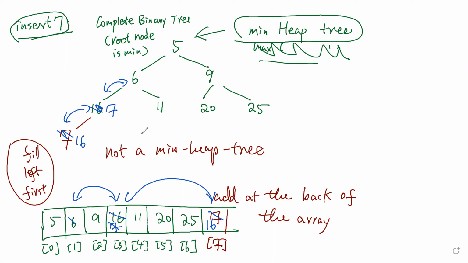Oh, I'm sorry, that's not needed. That already meets the condition. So after we swap, this is a minimum heap because it's less than the parent node.